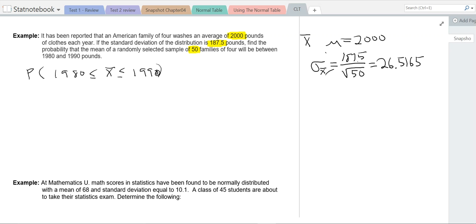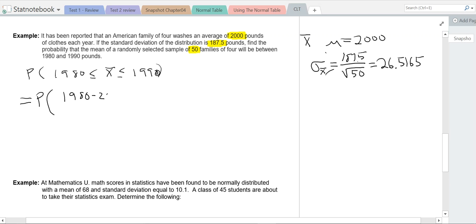Now, we know from the central limit theorem that X bar will be normally distributed under this situation. So once again, we're going to get to the table. And the way we get to the table is by subtracting the mean, dividing by the standard deviation.